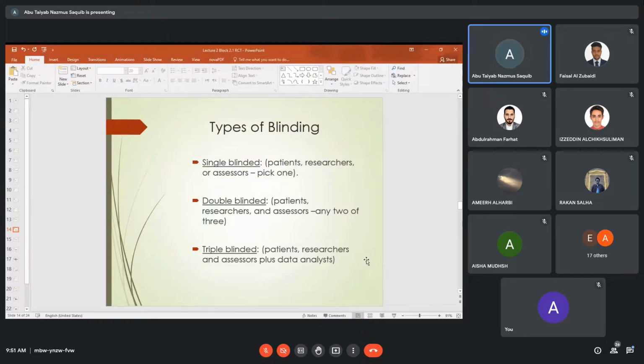And what does it do? It creates a psychological imbalance between the two groups. The intervention group thinks, oh, I'm doing something good, and the control group feels depressed, oh, I'm not getting the benefit.